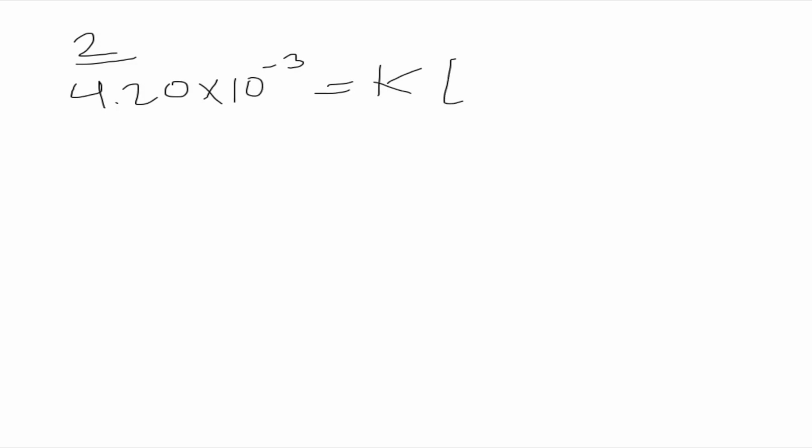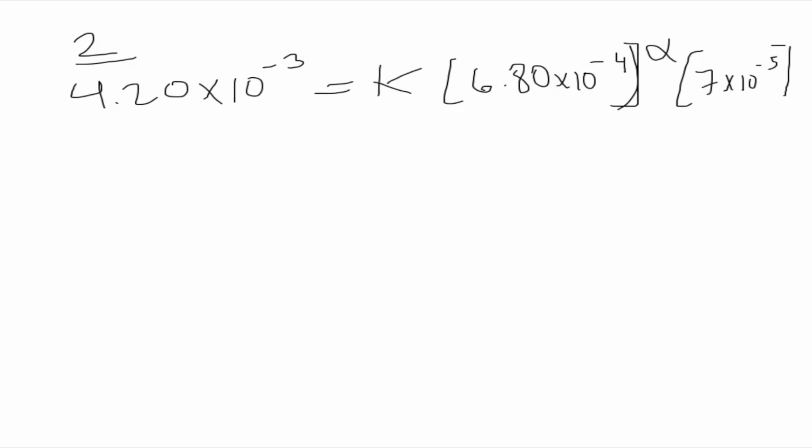Let's do that. So for trial 2, the rate is equal to 4.20 times 10 to the negative 3, and that is equal to K times the concentration of A, which is 6.80 times 10 to the negative 4, that is to the alpha, times the concentration of B to the beta, that is 7 times 10 to the negative 5 to the beta.